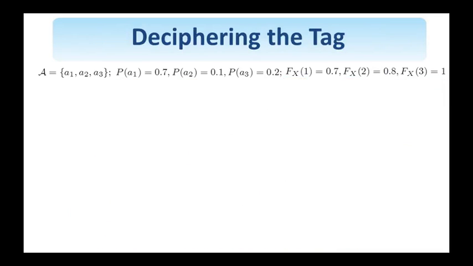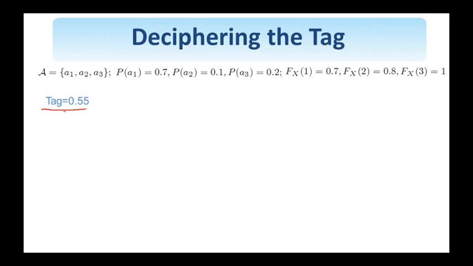Let us see with a simple example how to decipher the tag and find out what is the sequence that was encoded. We consider again the same source as shown here, and we are given that the tag is equal to 0.55. So we want to find again what is the encoded sequence.